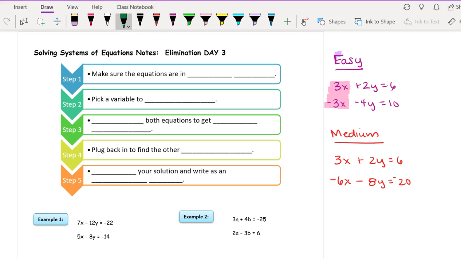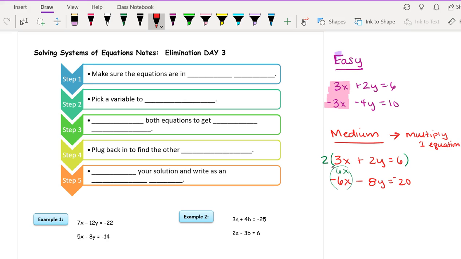But if I took this first equation and multiplied it by 2, I would get a 6x, which then would eliminate here. So this is the medium level where you have to multiply one equation.